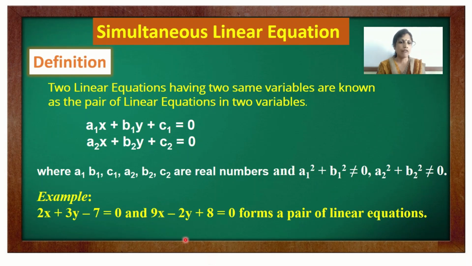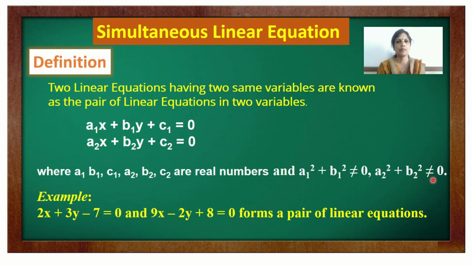Its standard form is a1x plus b1y plus c1 is equal to 0, a2x plus b2y plus c2 is equal to 0, where a1, b1, c1, a2, b2, c2 are real numbers, and a1 square plus b1 square is not equal to 0, and a2 square plus b2 square is not equal to 0.